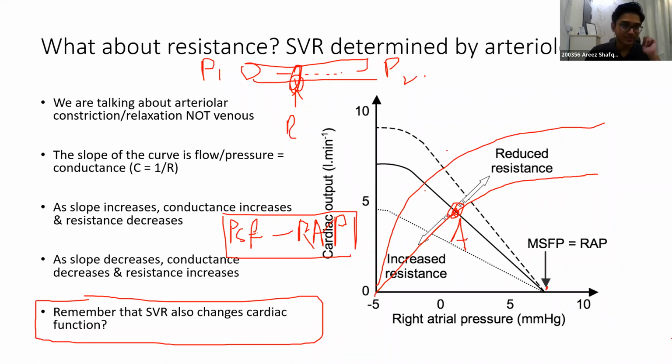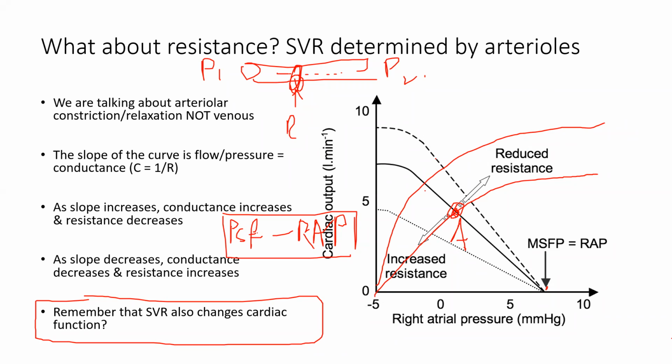What happens to the venous function curve if I vasodilate? Decrease? No, it increases. You mean venoconstrict or vasoconstrict? Vasoconstrict decreases the blood flow back to the heart. So, if I vasodilate, what happens to conductance?